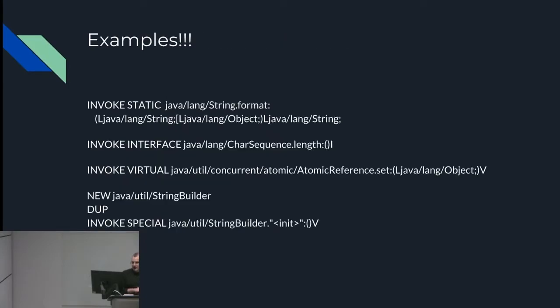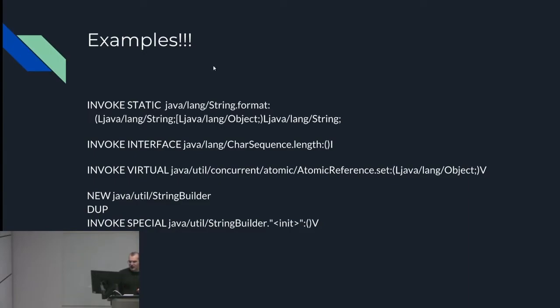All right, so let's look at some examples. So let's say we wanted to call string format. We would generate a bytecode that is invoke static. The name of the class, you'll notice that all the dots have been substituted for slashes. It is a weird quirk of how the JVM works internally that this is called the internal name of a class. The method we're going to call, format, and then the descriptor.